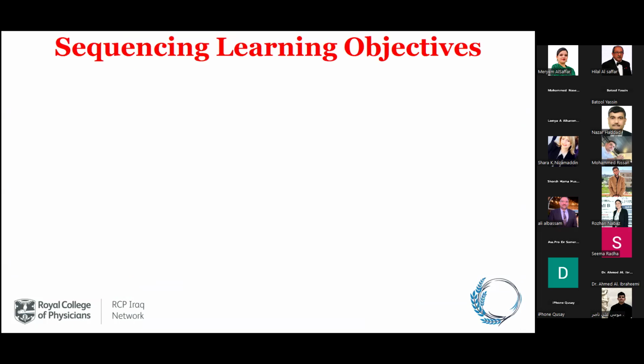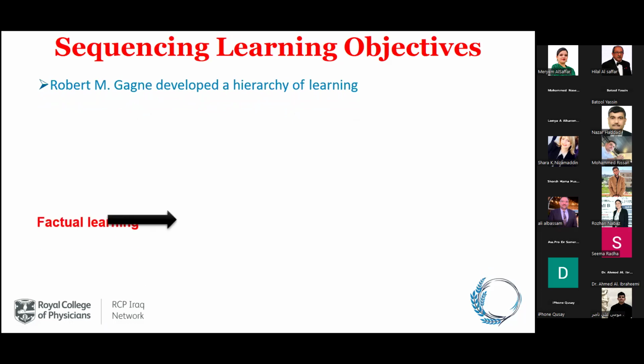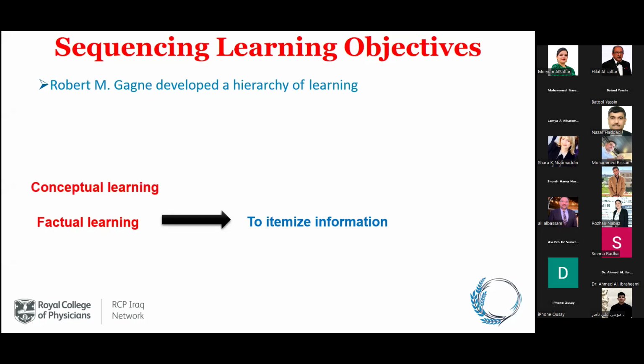The sequences of writing the objectives actually, sometimes I am confused, because a lot of people say very different things about the effect of these sequences, but Robert developed a hierarchy of learning starting from factual learning, which is itemizing information, collecting information, the level of collecting knowledge.